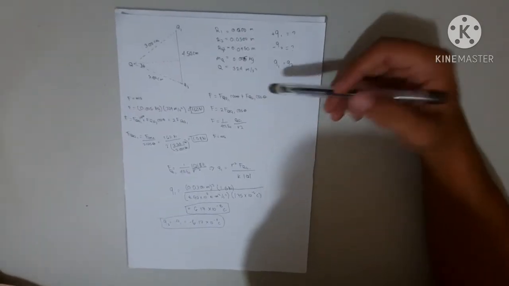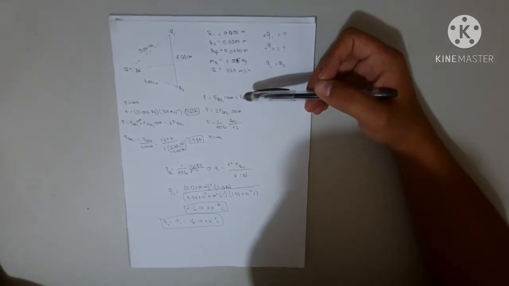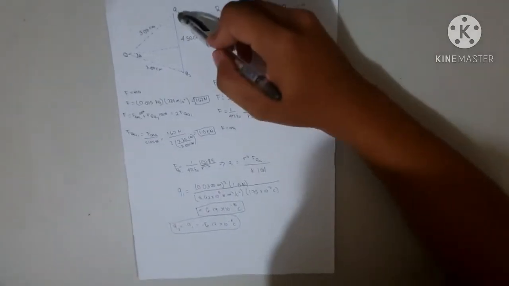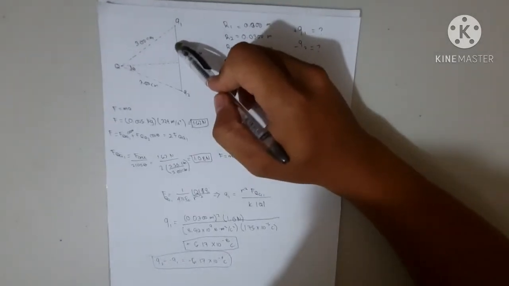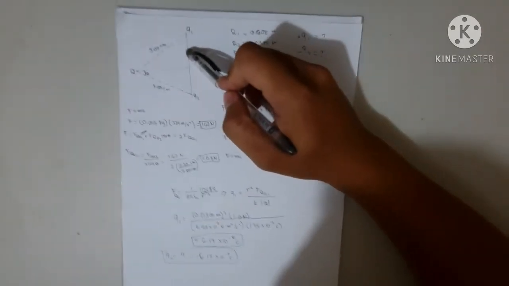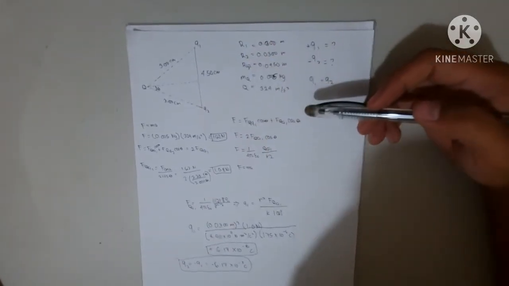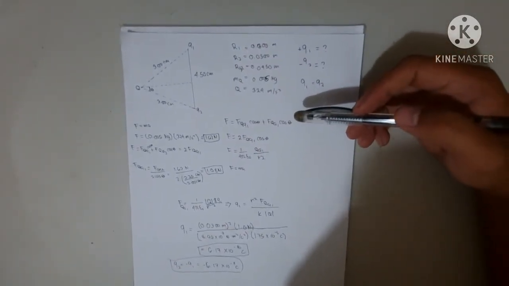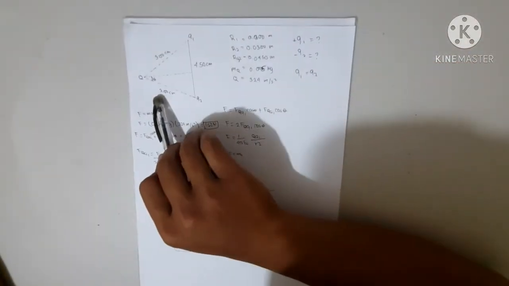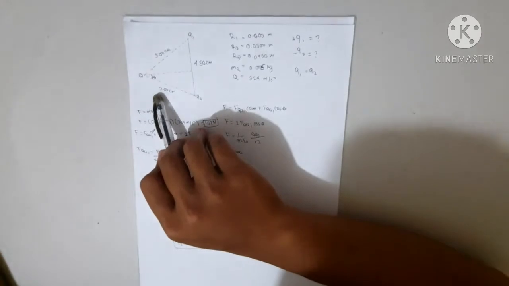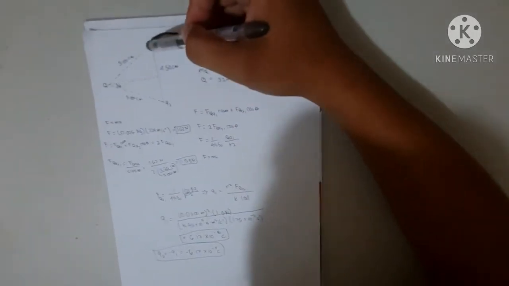So the acceleration on Q is straight upward. So the forces due to Q1 and Q2, as you can see, must equal each other, because if they aren't, then this wouldn't have a 90-degree angle.